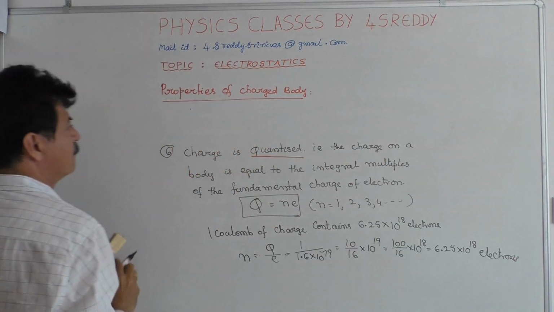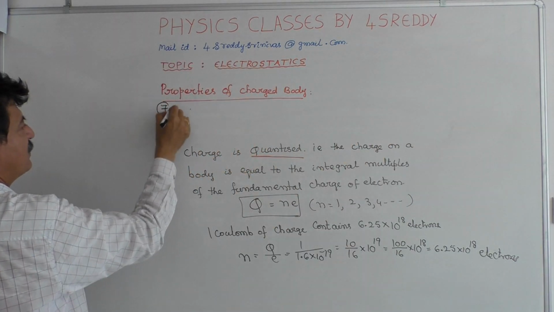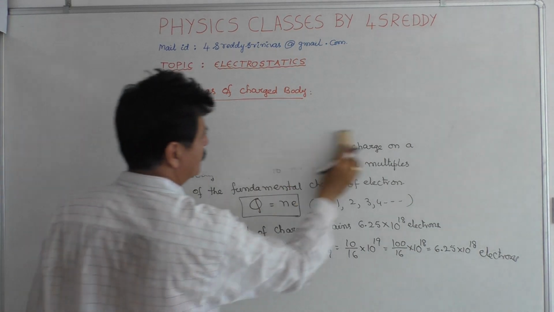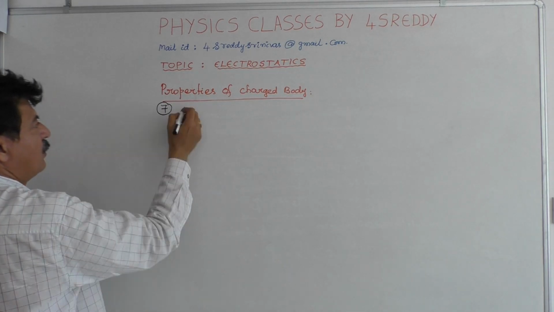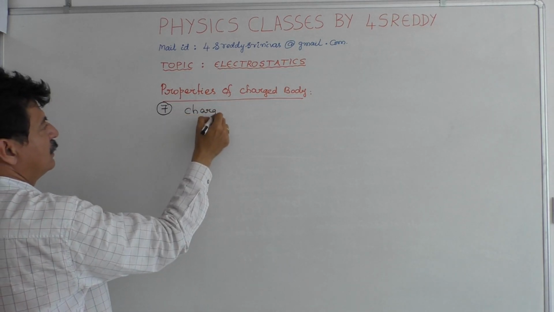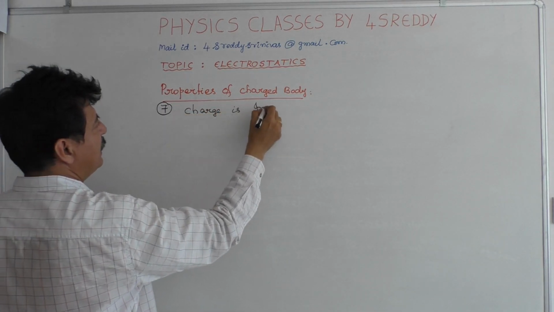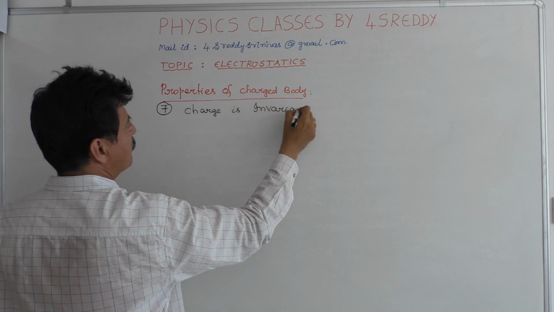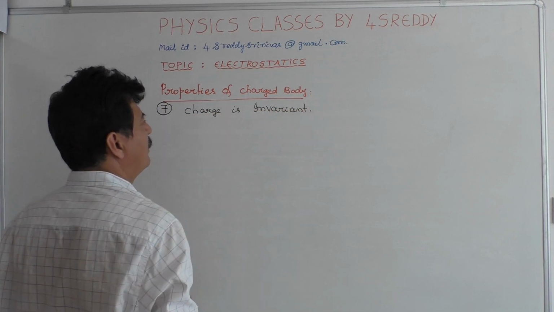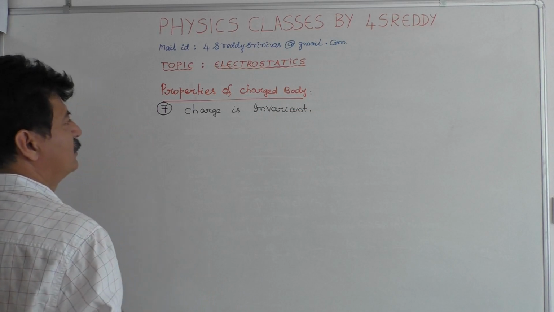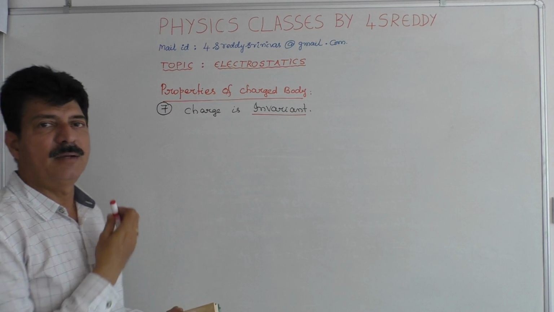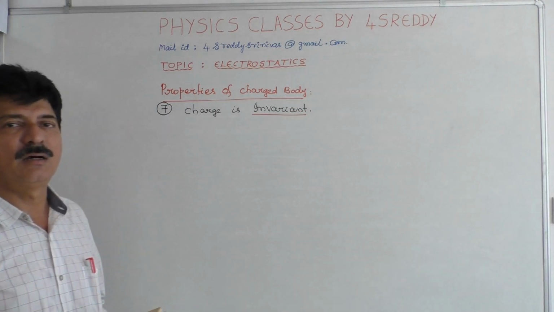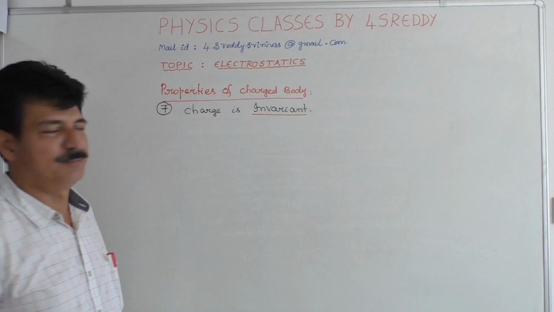Point number 7. Charge is invariant. What is meant by the term invariant? Invariant means the charge on a body is independent of the speed of the body.